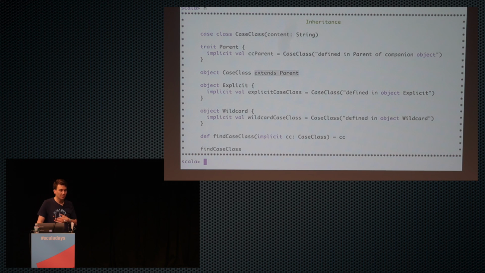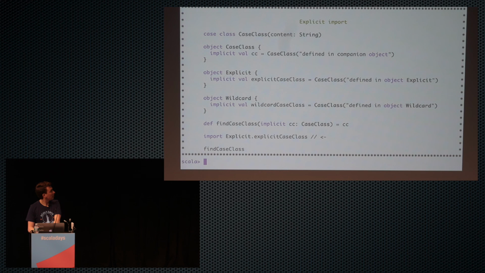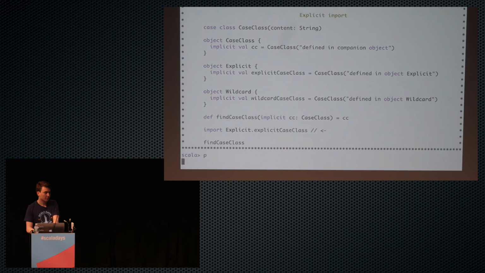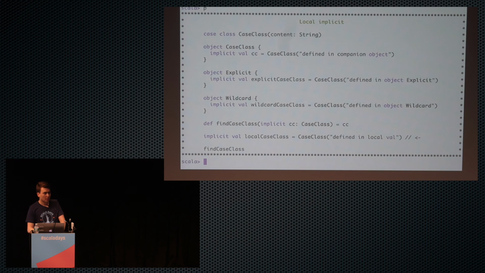Okay, maybe two previous to that. Before that. So here I import only the explicit one. And this one is the wildcard import. I'll just ask offline. Maybe we can talk about this after.